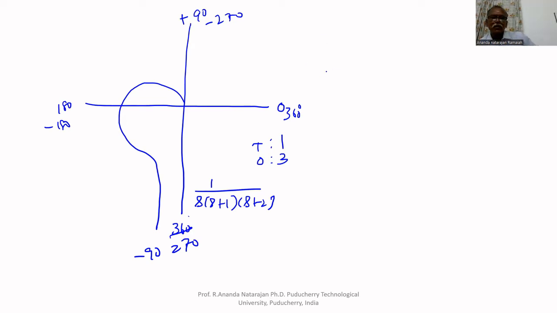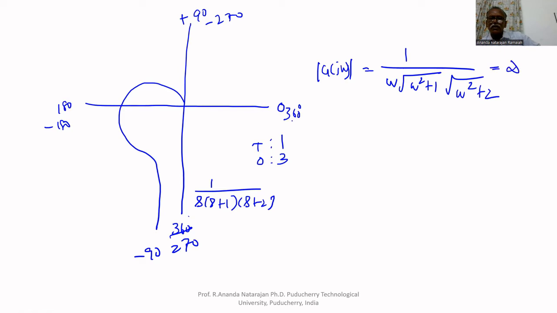So here modulus of G of j omega equal to 1 upon omega square root of omega square plus 1 square root of omega square plus 2. If omega equal to 0, it becomes infinity. Angle of G of j omega. This is the polar plot, or we can call it Nyquist plot.